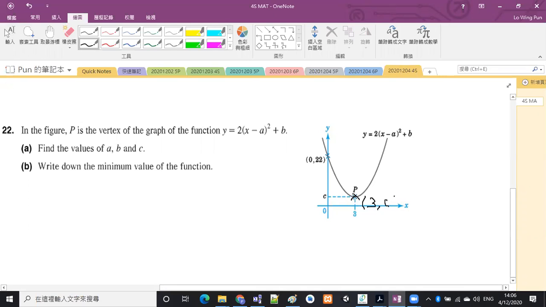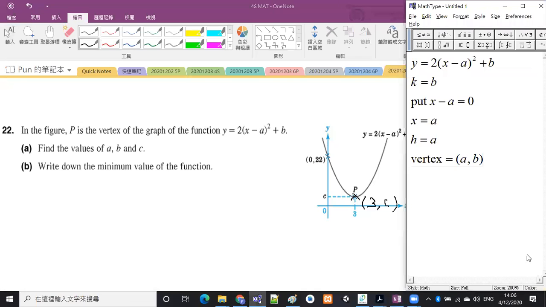So from the graph, the vertex is (3, c), and from our equation, the vertex is (a, b). So we can say that a is equal to 3 directly. And b should be equal to c, because they are representing the same point.